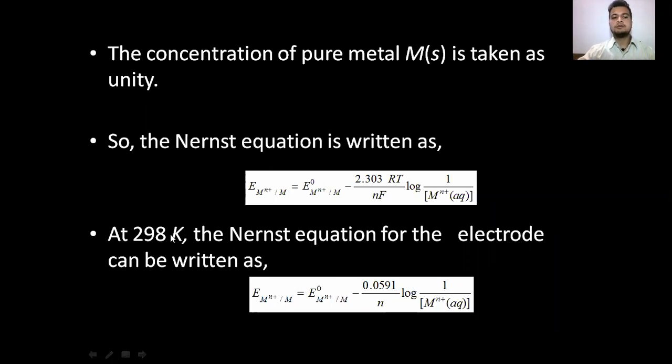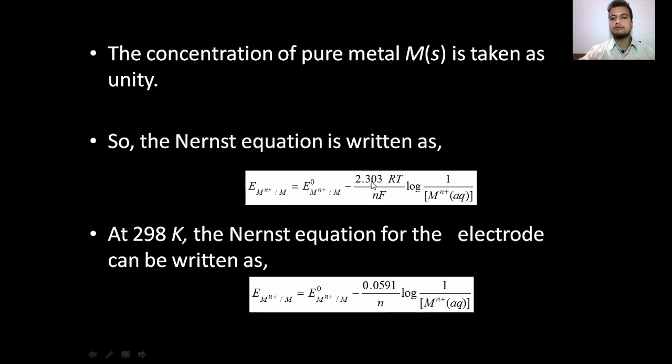Then at 298 Kelvin, let's say only the concentration is varying, not the temperature. If the temperature is the standard 298, we can easily put in the values. 2.303, R is a fixed value, 8.314 joule per Kelvin per mole, that is the gas constant. n we don't know, but F is constant, 96,500.